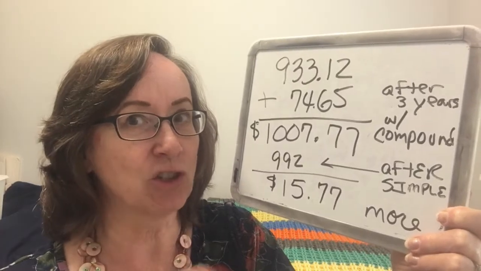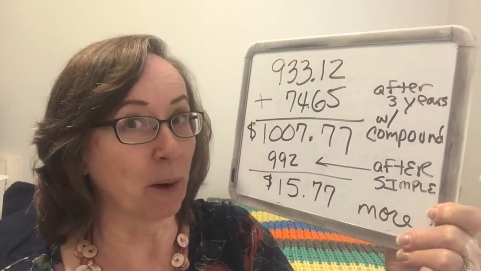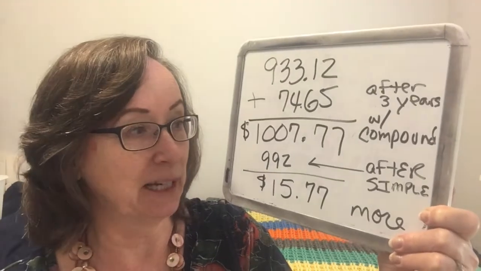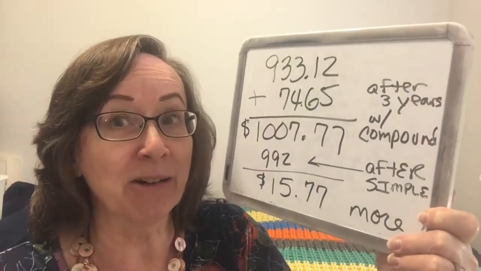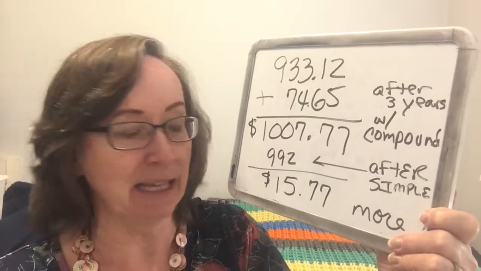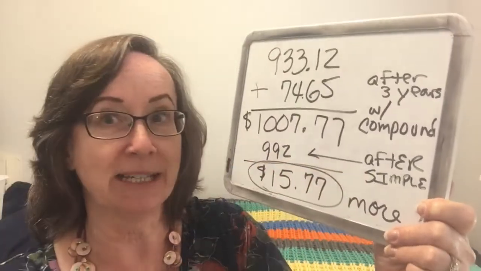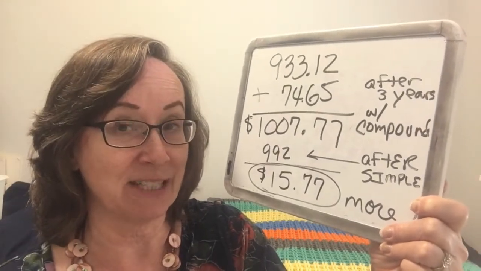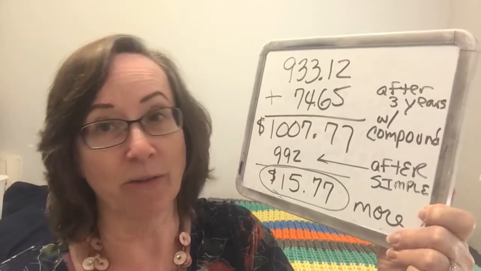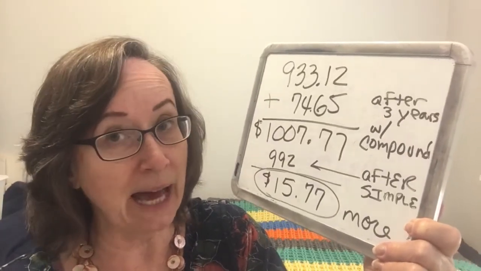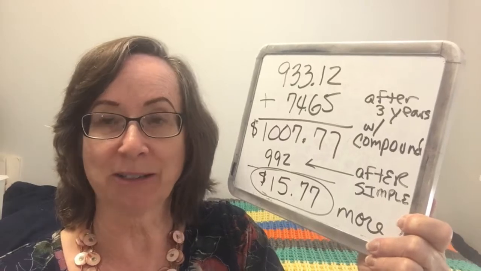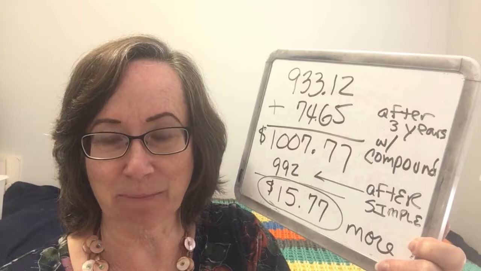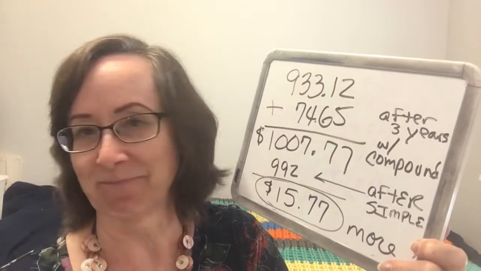And then you start the new year with more money in your account, which means your interest is going to give you more because you've got 8% of a higher amount, and over 3 years, the difference between the two calculations was $15.77, which over 3 years isn't a huge amount, but still, it's more. So compound interest is better if you are getting the compound interest. But if you're having to pay the compound interest, that's not good.